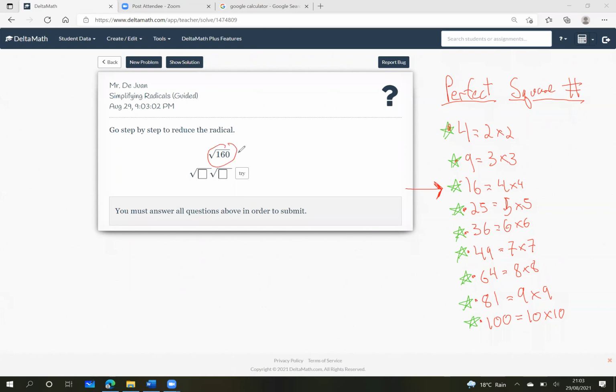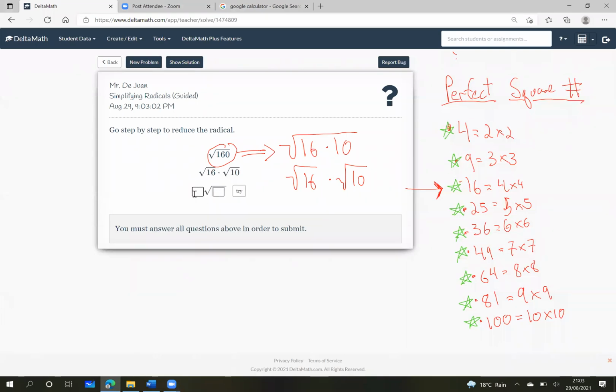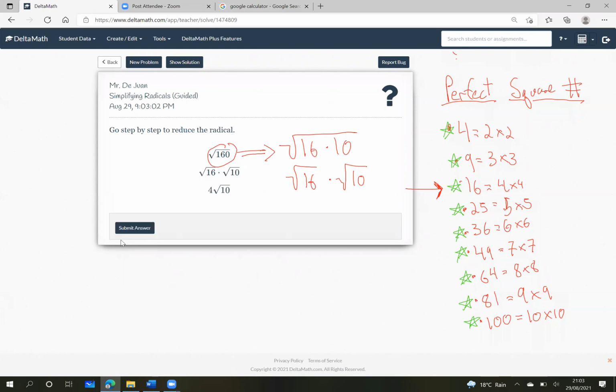So 16 times 10, and that means the square root of 16 times the square root of 10. Type it in. The square root of 16 is 4, because 4 times 4 is 16. And the square root of 10 can't be simplified anymore, so just type in 10.